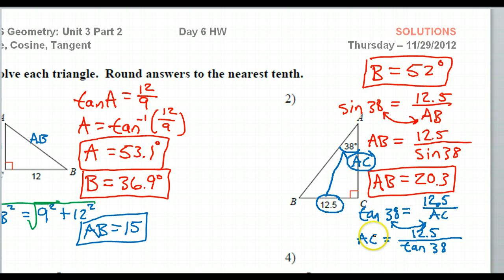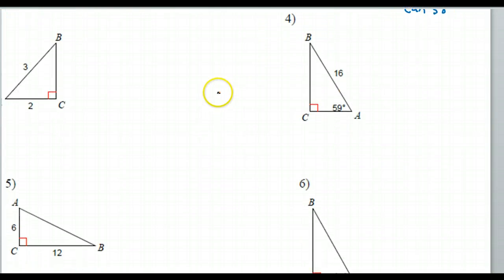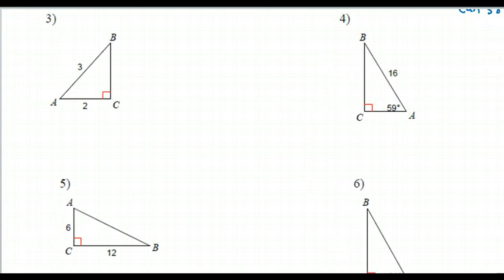And I'm going to put that answer over here. AC is equal to 16.0. All right, 1, 2, 3, I'm done. On every problem, make sure you have 3 answers.